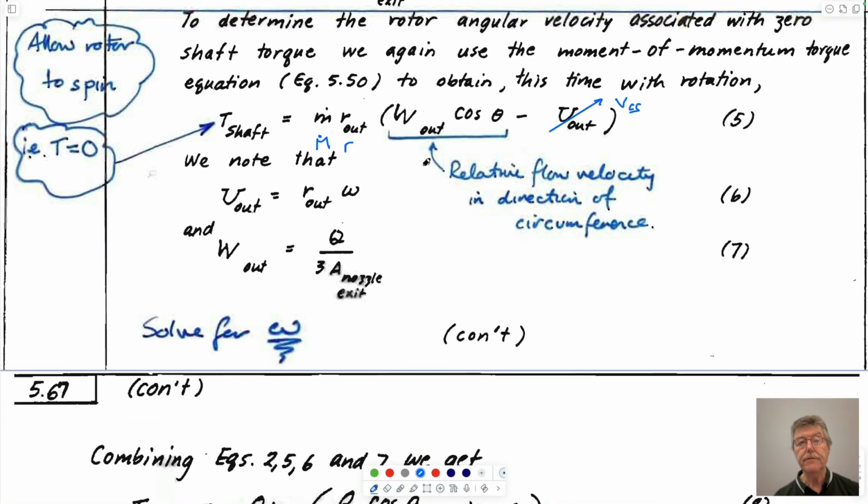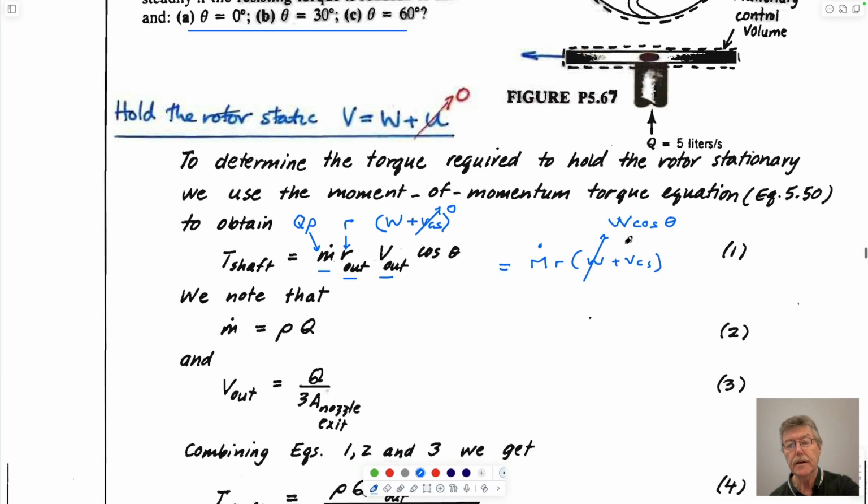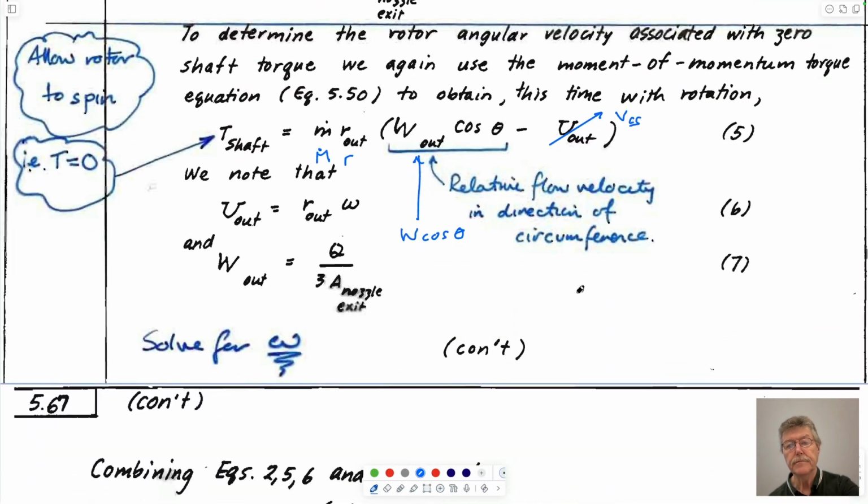And so once you have this expression, you can substitute, so this would be what we had as W cosine theta here. And this would be equal to U out is equal to what we've called minus VCS.